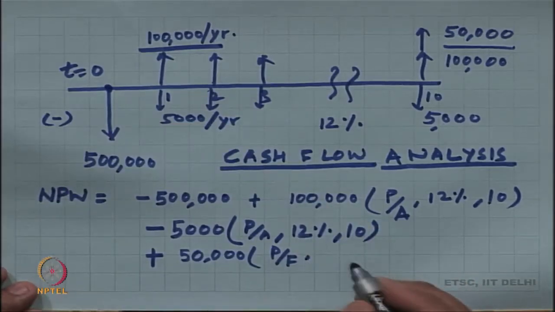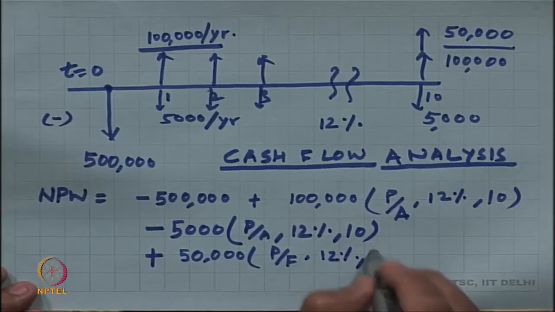So, we are using this factor P given F 12%, 10.